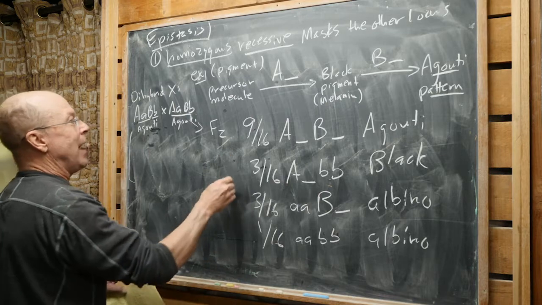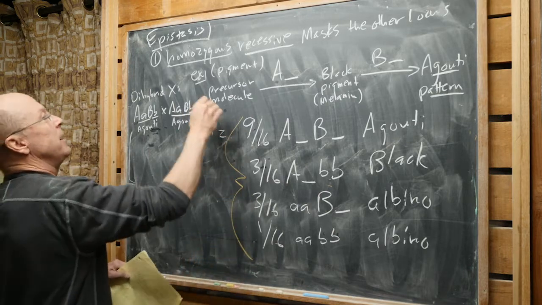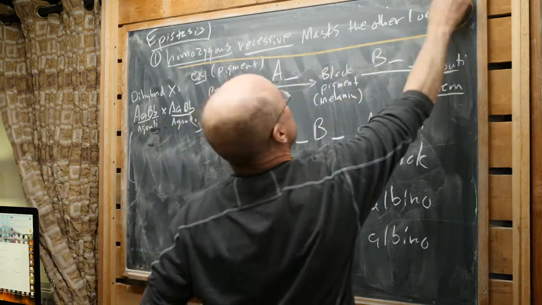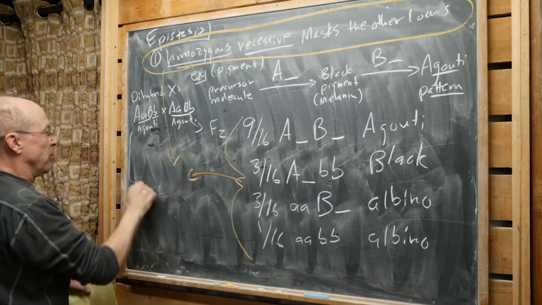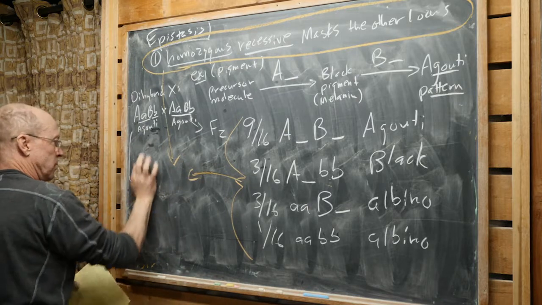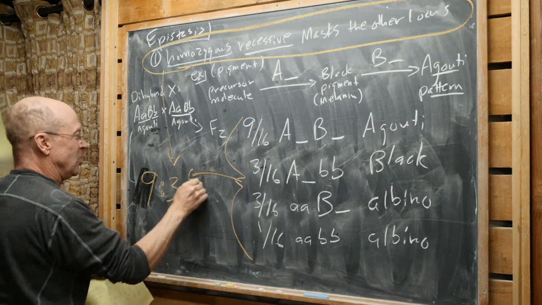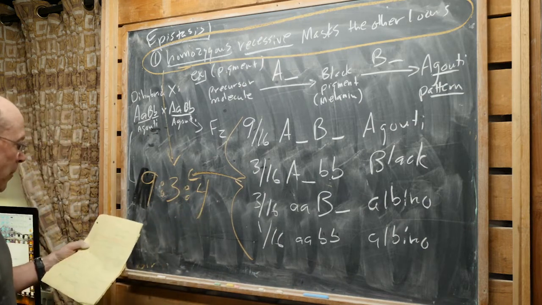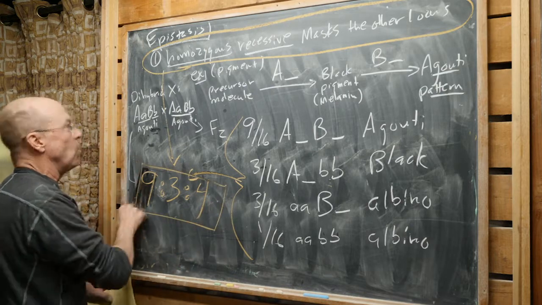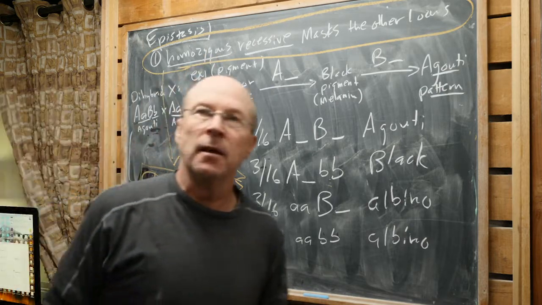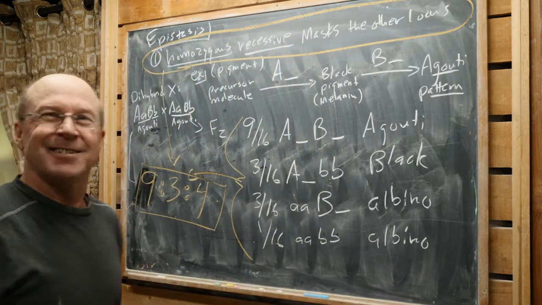So here is the magic moment. We therefore have our ratio for this example. Our ratio produces a 9:3:4 dihybrid cross ratio. That is a classic ratio of this mechanism of epistasis, and it's one to memorize. And that's the whole process. Isn't that cool?